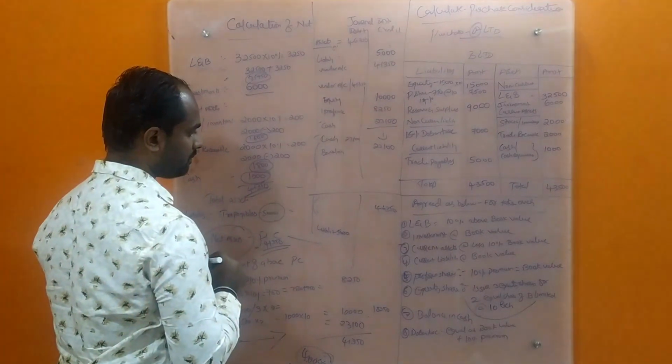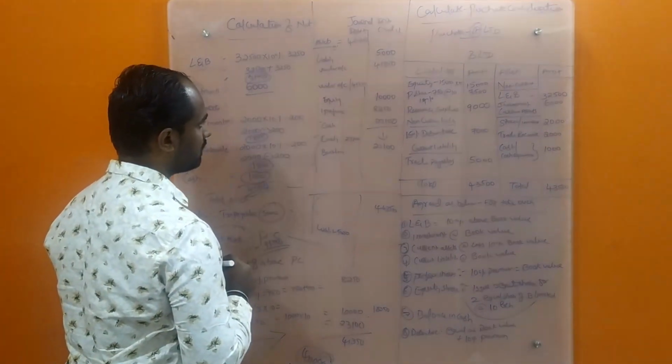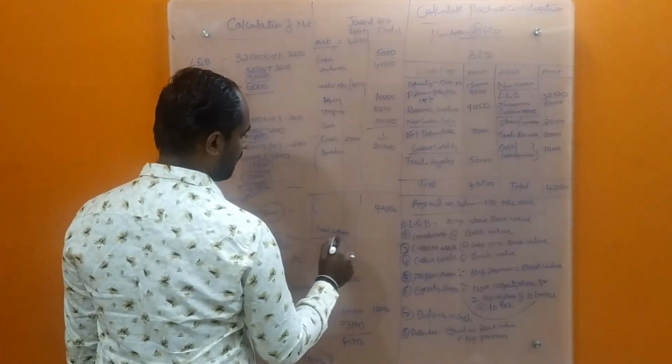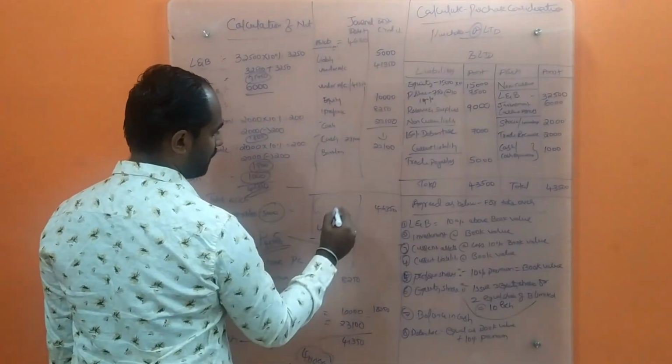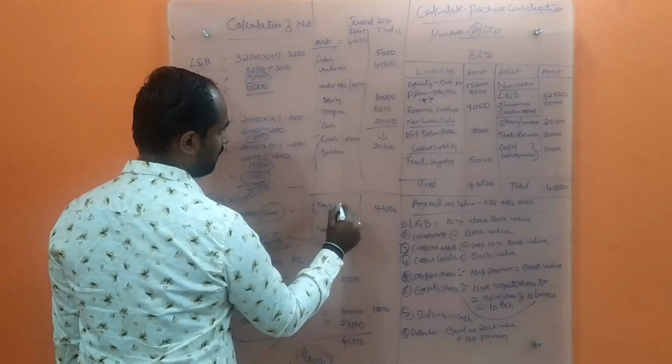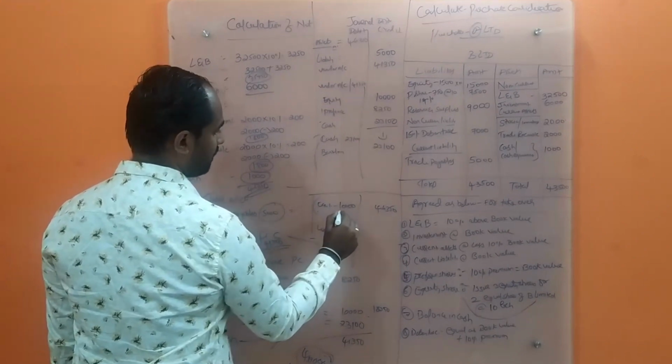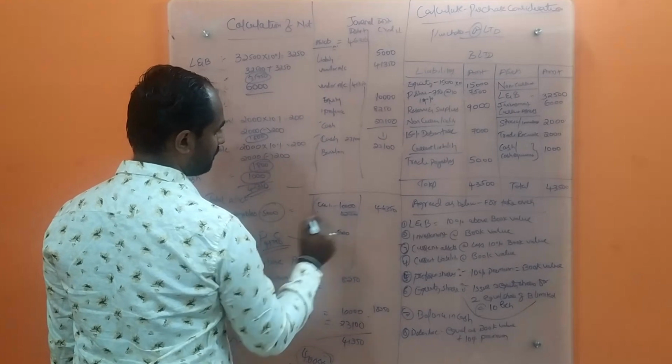5,000, right? So 5,000 your liability. Then equities you are giving equity 10,000. Then preference share 8250.